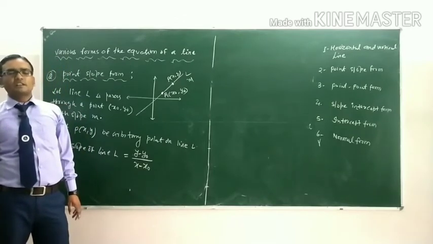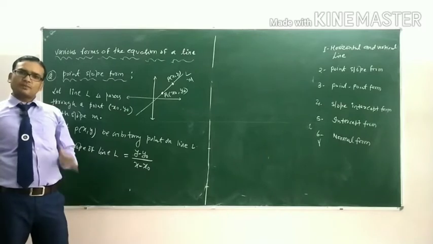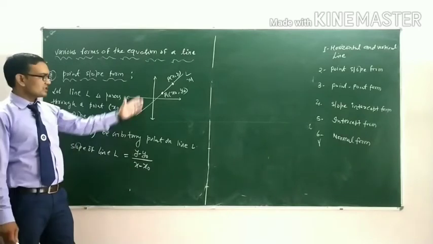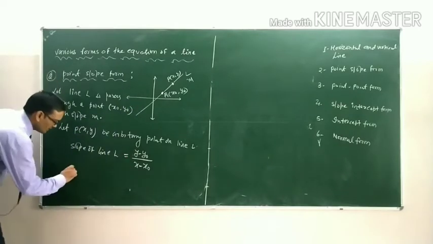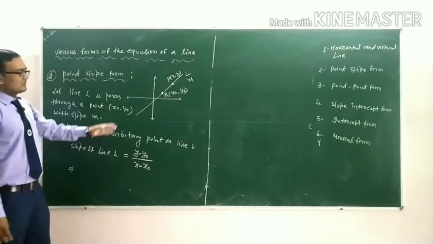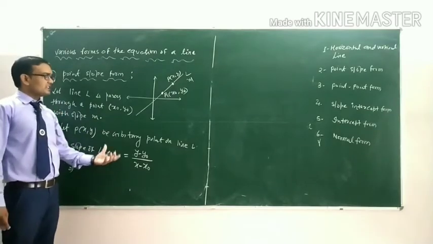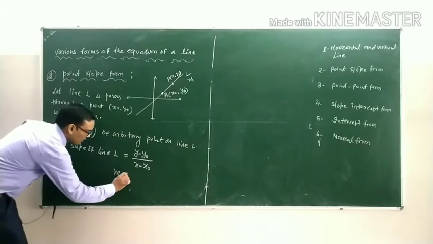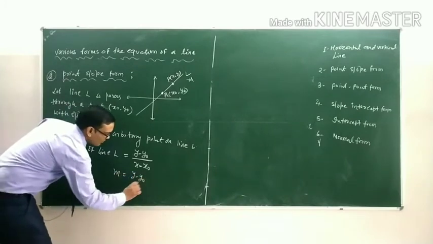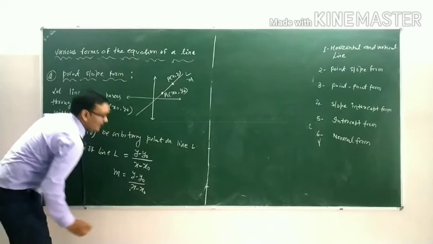We have already discussed this formula. Using this formula, given that the slope of line L is m, then m equal to y minus y0 upon x minus x0.